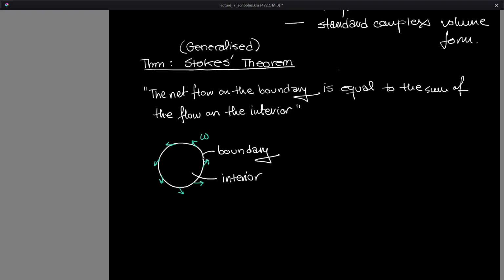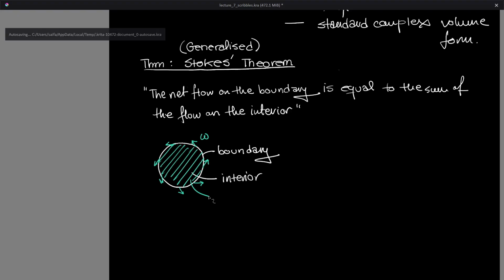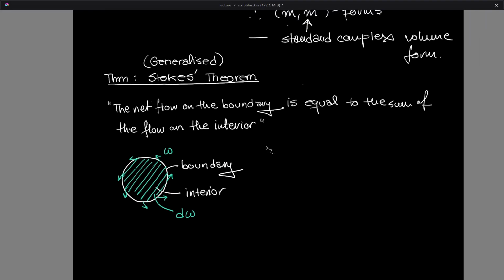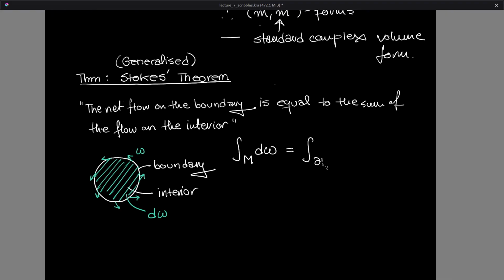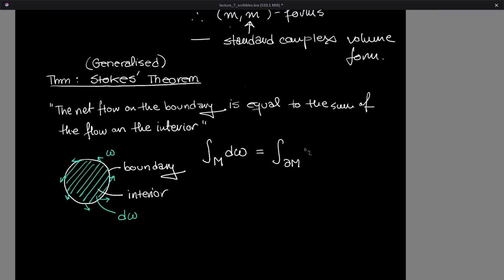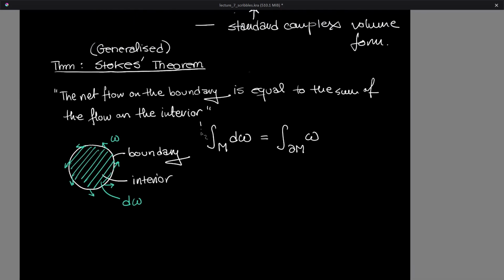And that will give you the same thing as if you added up all the contributions of d omega on the interior. So that is the result: the integral over M of d omega is equal to the integral on the boundary of M of omega. This is Stokes' theorem.